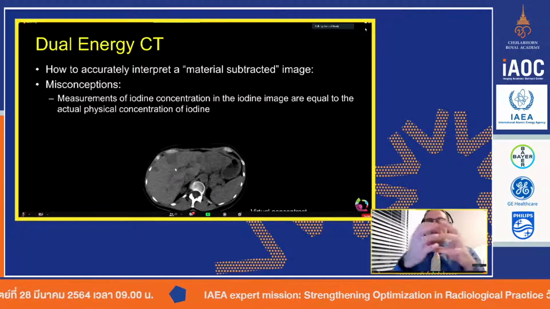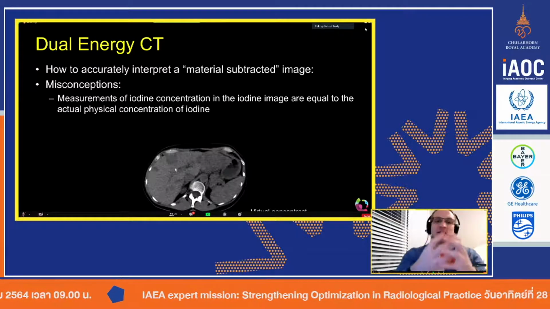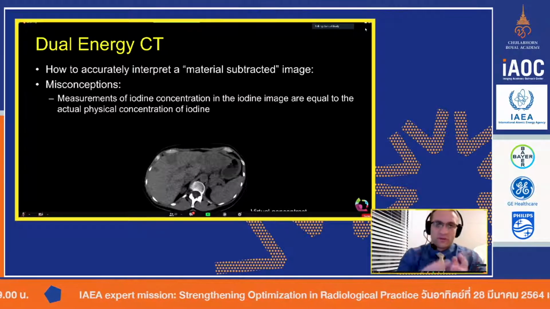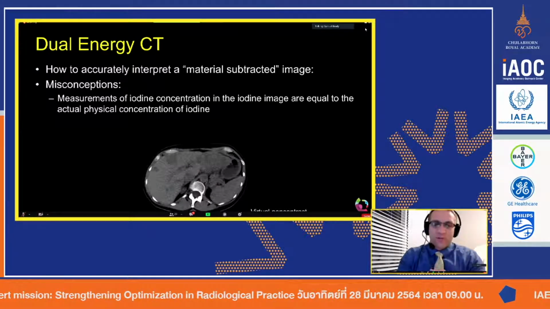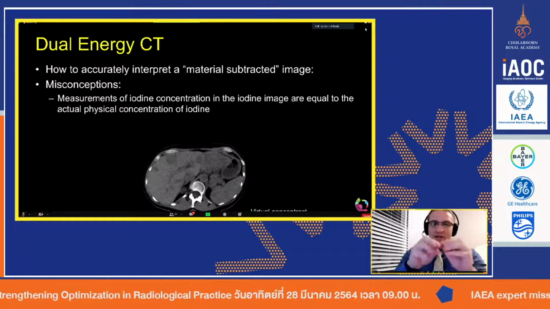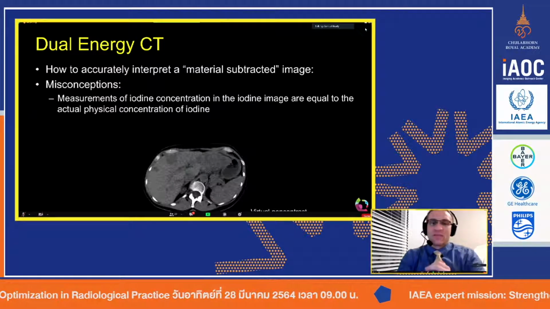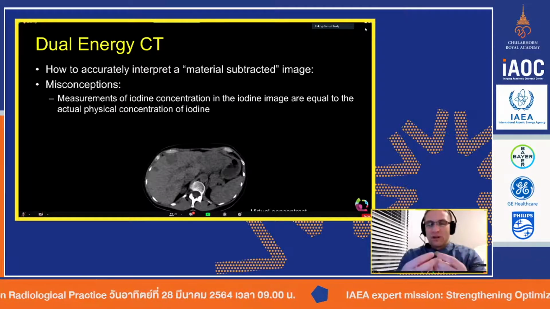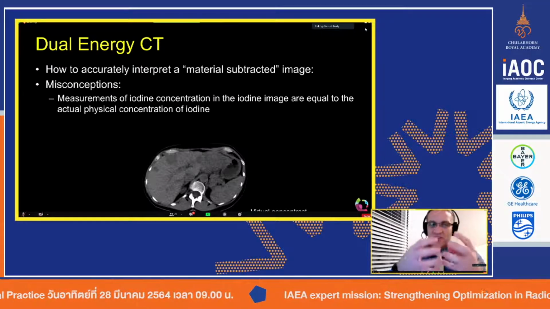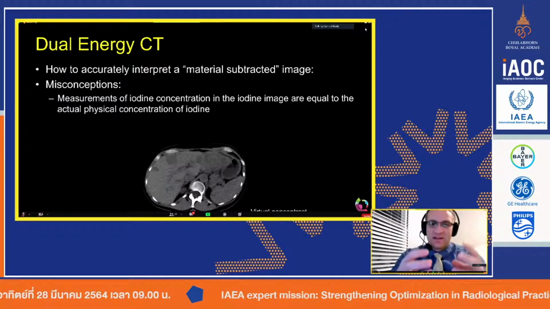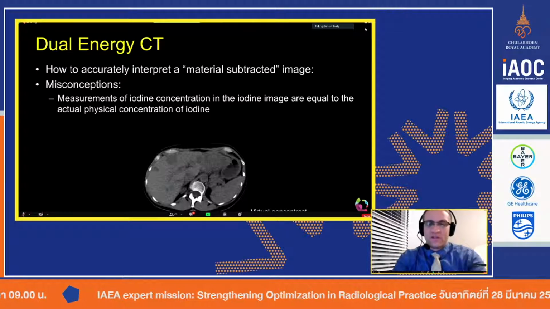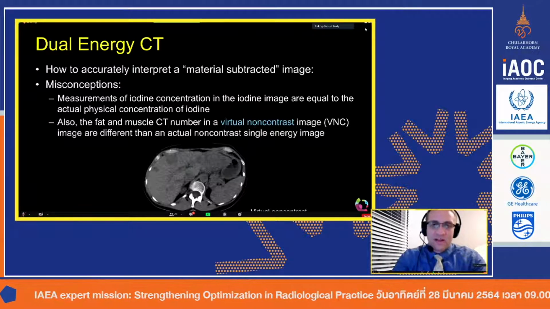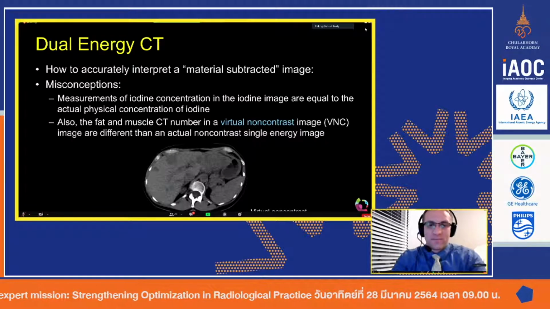So you might be looking for iodine uptake in, say, a tumor or some kind of lesion. The ROI wouldn't tell you the exact concentration of iodine, because obviously the iodine is mixed in with the blood. So just because you see the iodine and it's very intense, that doesn't necessarily mean it's a perfect one-to-one correlation of the actual concentration of that material in the body.